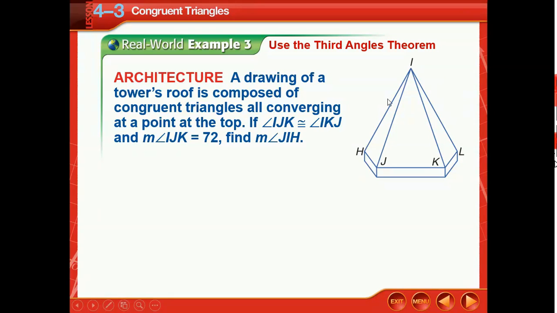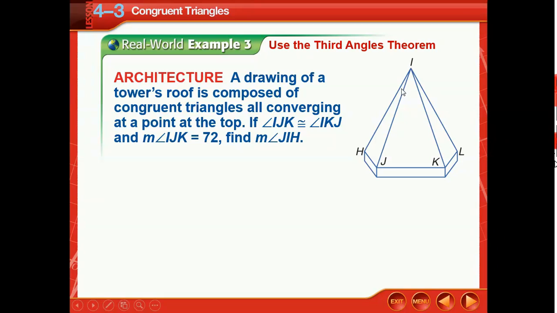So we're way up there. Well, it already told us earlier that these are congruent triangles. And if you have congruent triangles, CPCTC, then their corresponding parts are congruent. Well, I do know triangle JIK is congruent to HIJ. So if I can figure out what this angle is up at the top here, then I got it. That's the one I'm looking for.